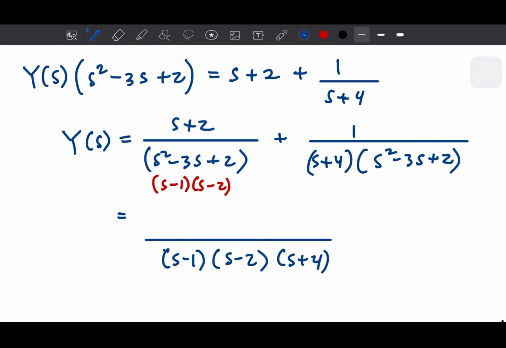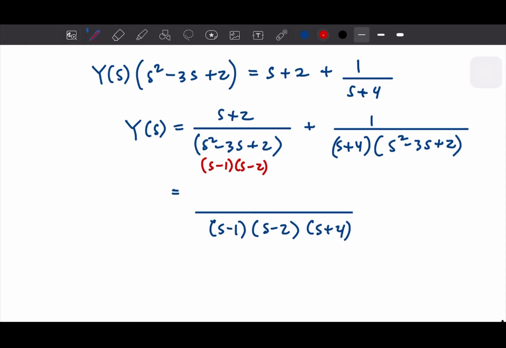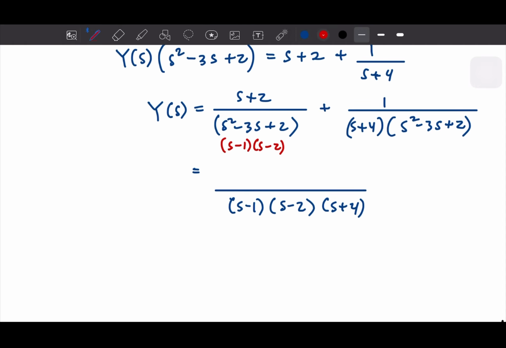So s plus 2 times s plus 4, s squared plus 6s plus 8, plus 1, right? Or plus 9, right?